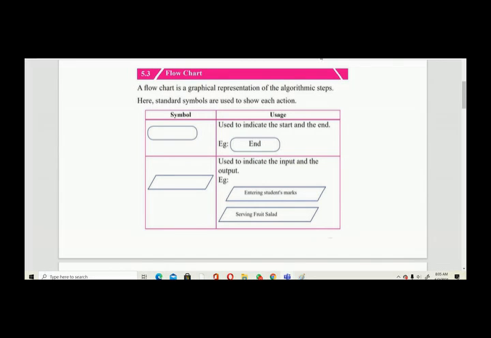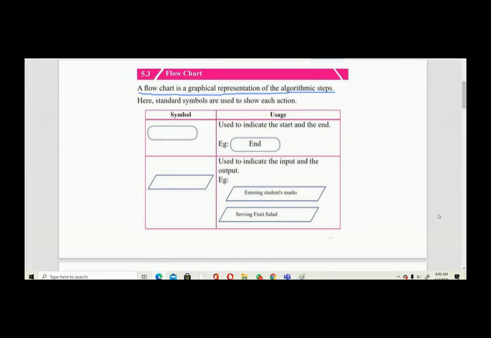Yes, then we will write the definition. First you write today's date and this topic. Then we will write: a flow chart is a graphical representation of the algorithmic steps. Write this definition down.